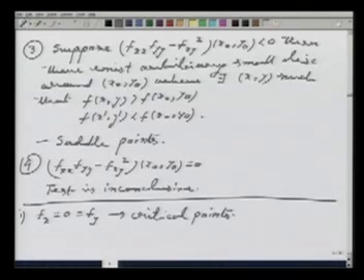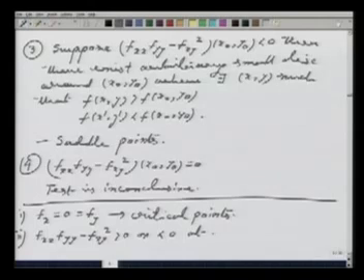After getting those points, there are two things you need to do. First look at this quantity, fxx fyy minus fxy square. See whether it is bigger than 0 or less than 0 at the critical points.